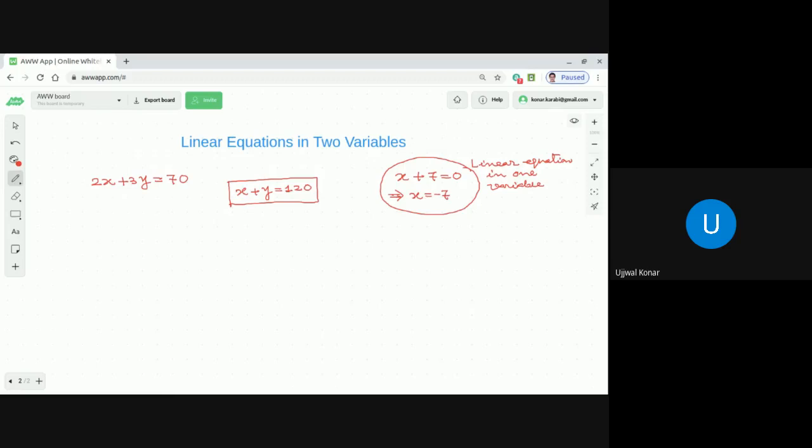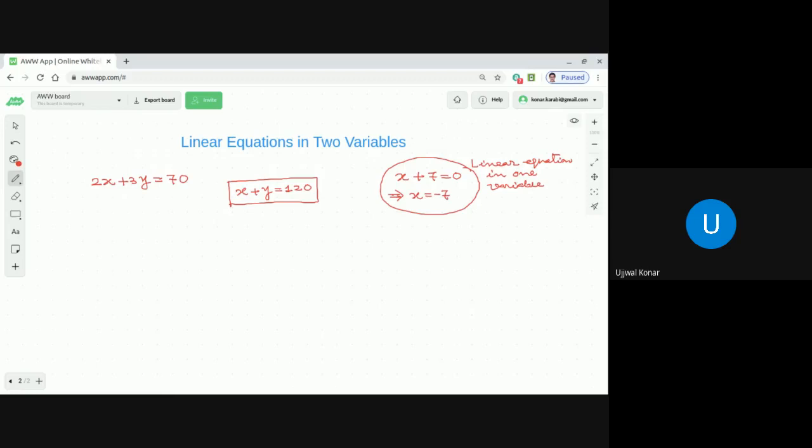So what will we discuss today? We are going to discuss more about this type of equations, that is linear equations in two variables. And very importantly, you will see that there are real life practical problems, what you also call word problems, problems expressed in words, that you can very well establish in linear equations in two variables.